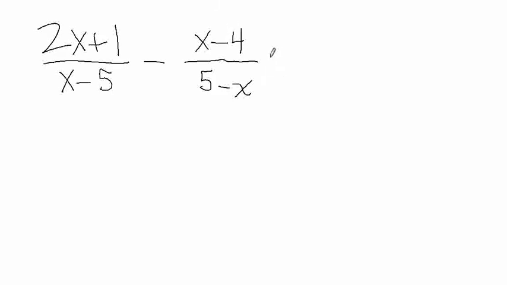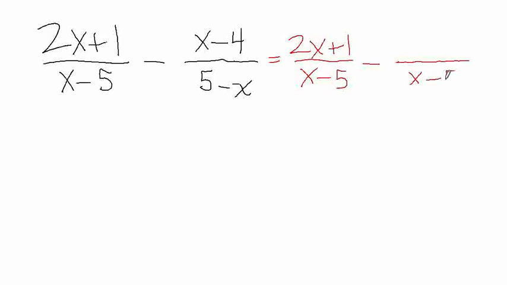All right, so I'll go ahead and do it. So the thing to notice here is that even though the second rational expression does not have the same denominator, we can swap the order of the pieces in the second denominator as long as we do one thing.